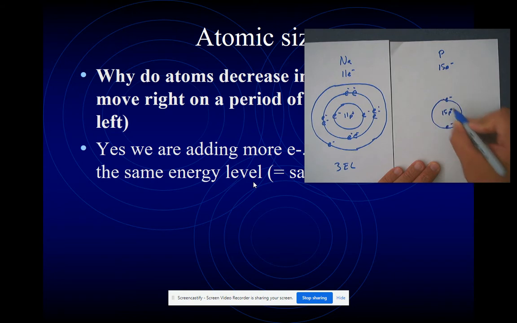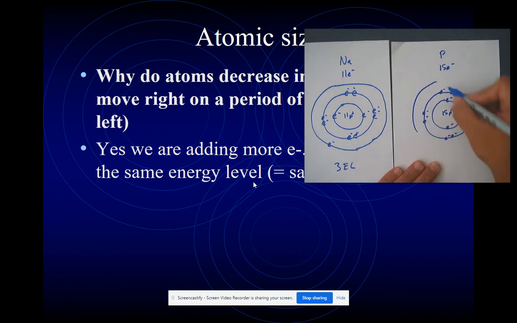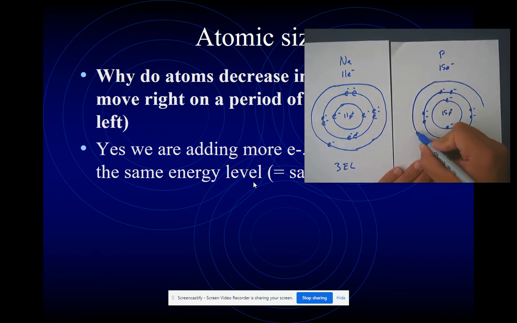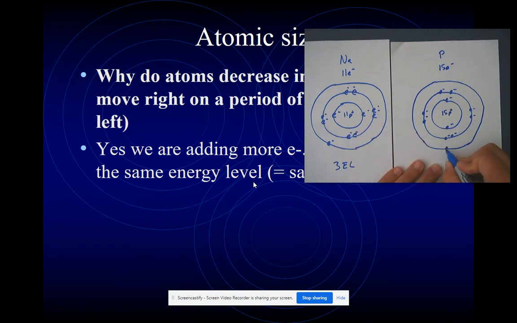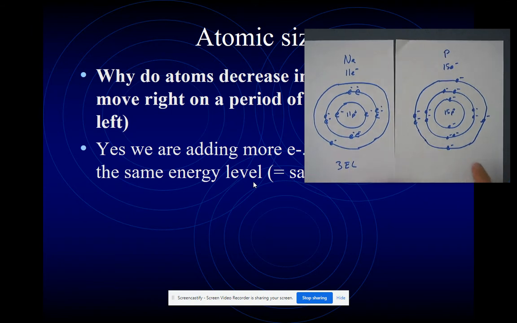But the first energy level in the Bohr model holds 2 electrons, right? The second energy level holds 8 electrons. And then the third energy level, which is the same size, maybe my circle's not exactly perfect, it's the same size as this one, but this one will have 5 electrons. 1, 2, 3, 4, 5. And notice that we haven't had to add a new ring, okay?